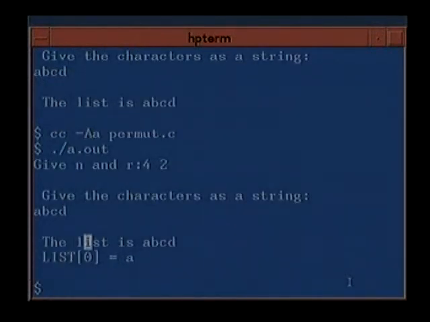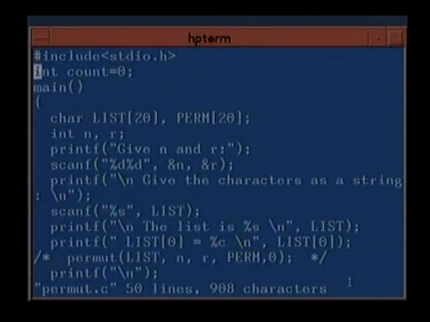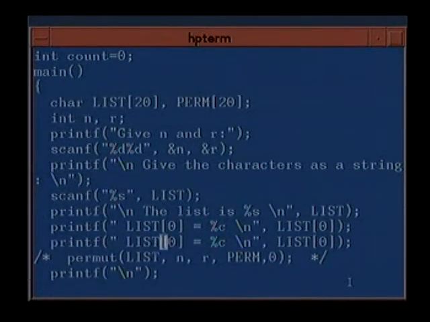So we got list is a, b, c, d, and list 0 is a, and if you want to see how the list is ended, then suppose we give 4, and if we want to print out list 4, we will see that there will be a \0 marking the end of the list. Zero, 1, 2, 3 will be a, b, c, d, and list 4 will be the end of the list.